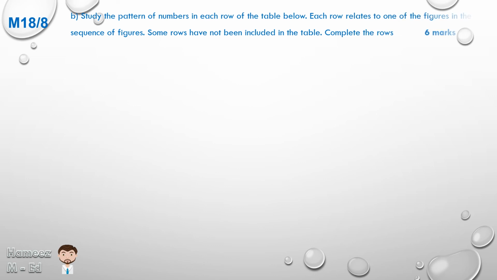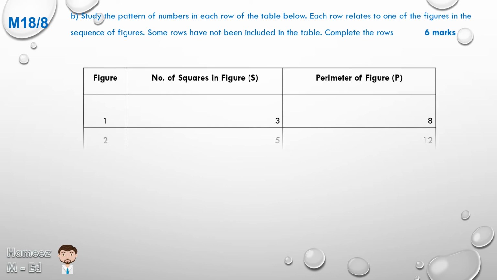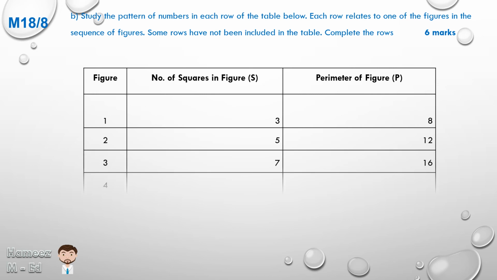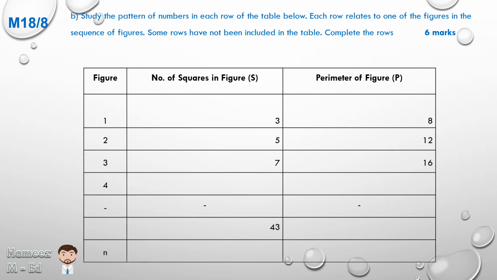May 2018, number 8b. Study the pattern of numbers in each row of the table below. Each row relates to one of the figures in the sequence of figures. Some rows have not been included in the table. Complete the rows. If we look at the table, we have 3 columns: the figure, numbers 1, 2, 3, 4, which we have drawn in part A, and the number of squares in the figures.